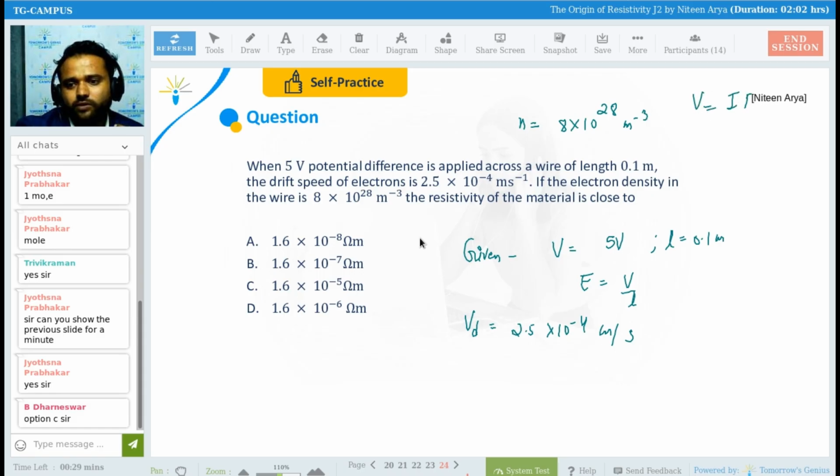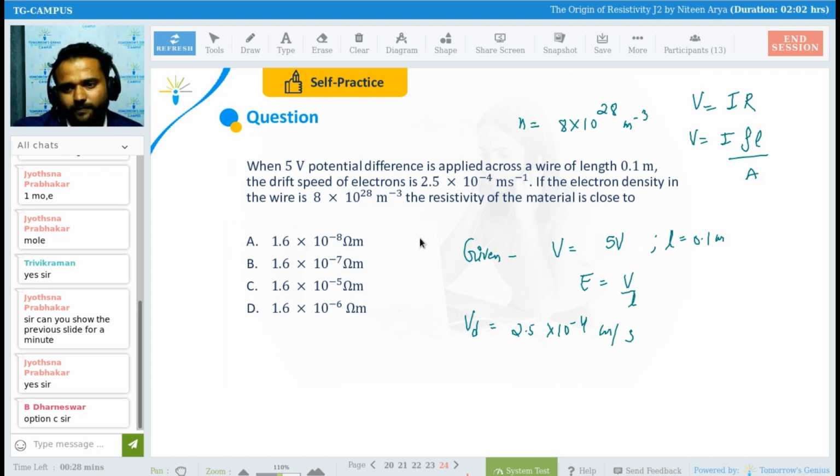Now with V equals IR, and I equals nAevd, we have n, but we don't have A. So how can we get A, or what do we need to find? Resistivity. Put V equals I rho L by A. Now I guess we have everything.